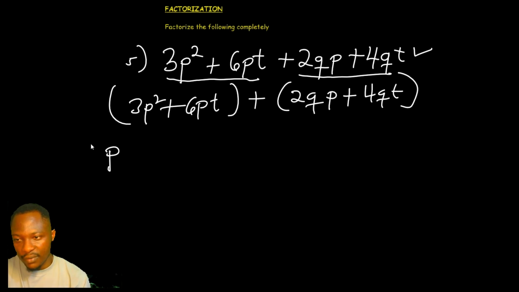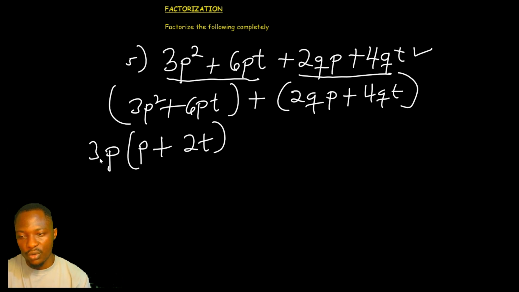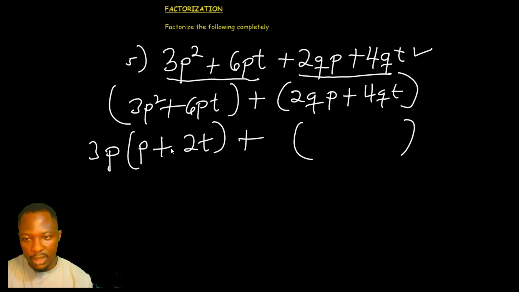So we're going to have 3p here, and then inside here we're going to have p plus, already 3p is outside, so 2t. So 3p times p will be 3p squared, and also 3p times 2t will be 6pt.